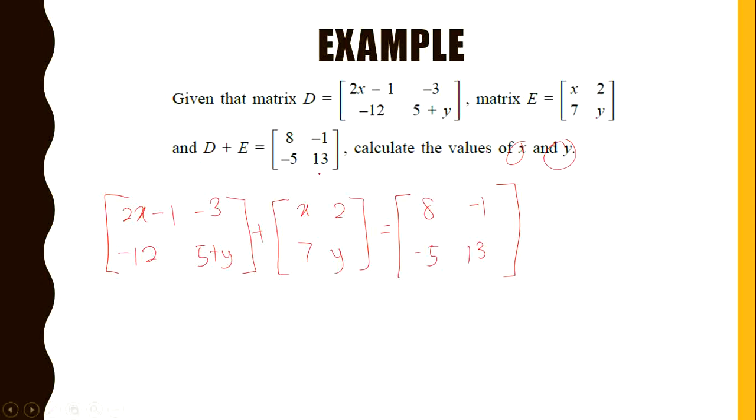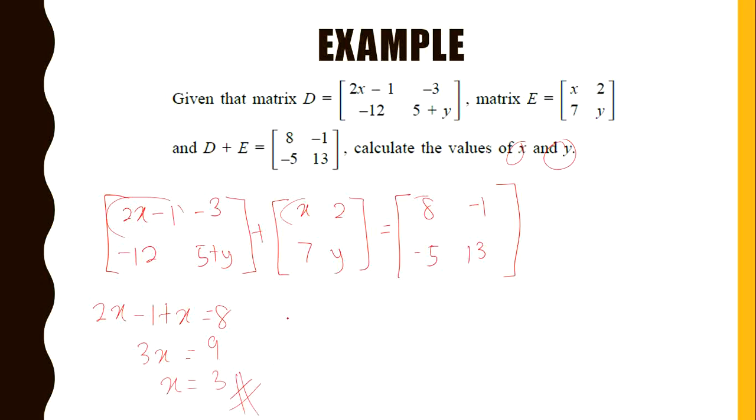Okay, we have to find where is the x. Okay, so x is here and also here. Okay, so kita tambah macam biasa. Okay, so kita tengok. Yang ni, the first element plus the first element dapat the first element. So, kita write it down to x minus 1 plus x equals to 8. Okay, so we have here 3x equals to 9 and x we have 3.